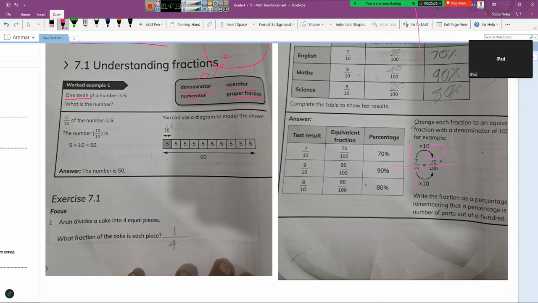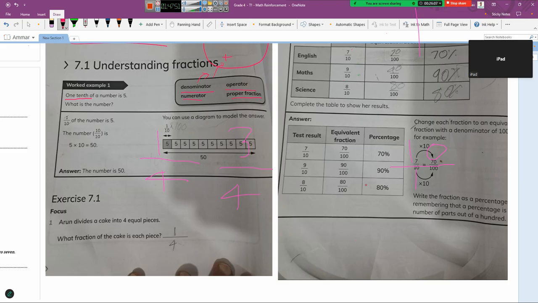I asked you to write down 1/4 on the screen. Okay, sir. 1/4. And can you try to write down 3/4? Very good. Now, 1/4 of a number is 5.